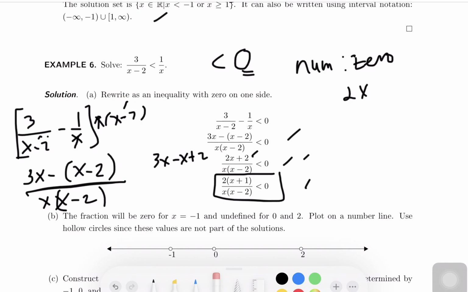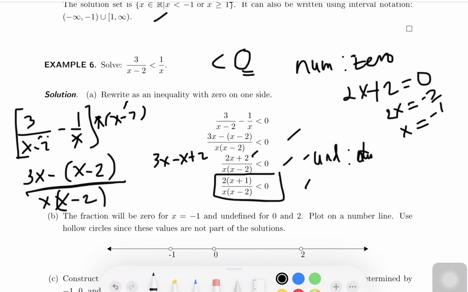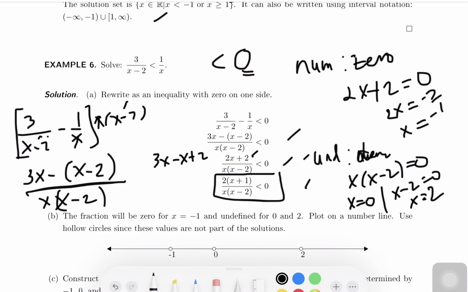If 2x plus 2 is 0, then 2x is negative 2, divide by 2, x is negative 1. Then for the undefined values, we use the denominator. So x times x minus 2 equals 0. So we have x equals 0 or x minus 2 is 0, so x equals 2.